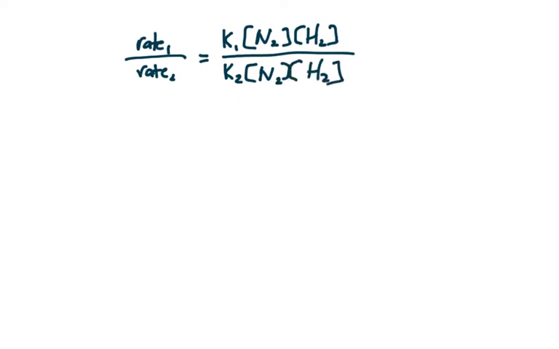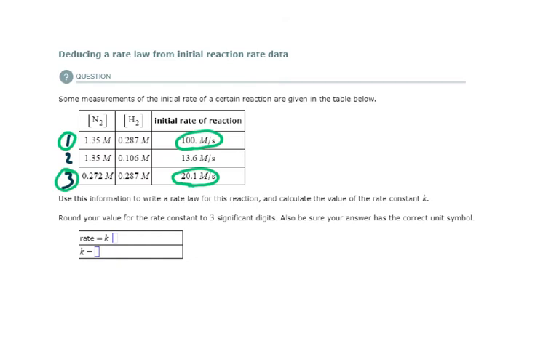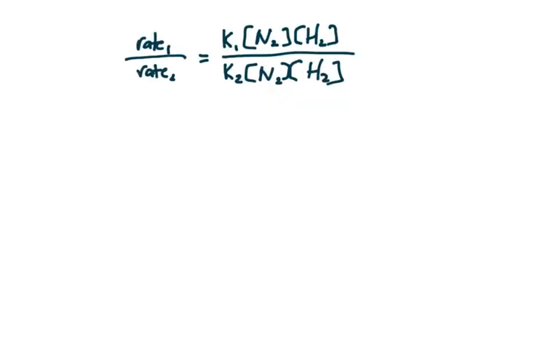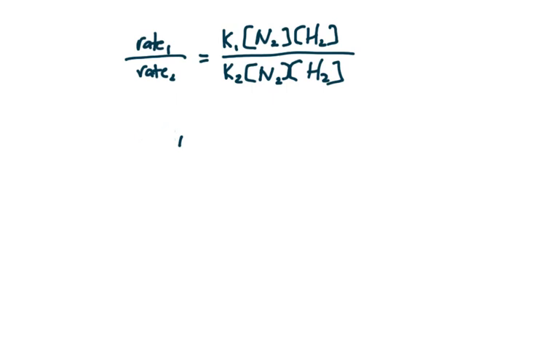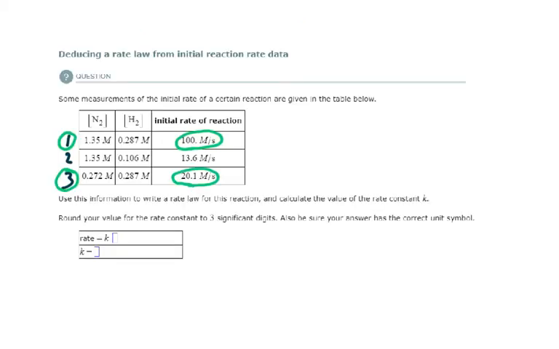All right, so let's place in our information, okay? So what is the concentration of N2 in reaction 1? 1.35 molar. So let's place that in. Rate 1. What is rate 1? 100. So let's place that. 100 per second. What's rate 2? 20.1.